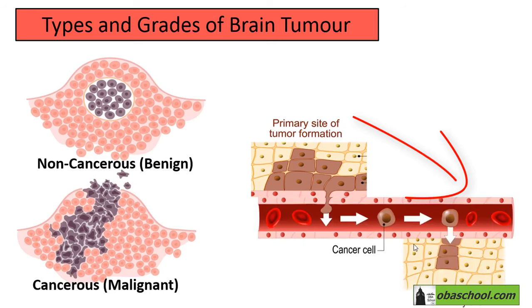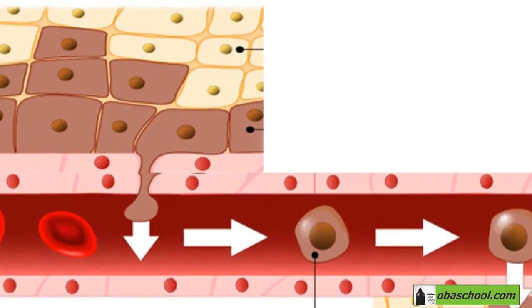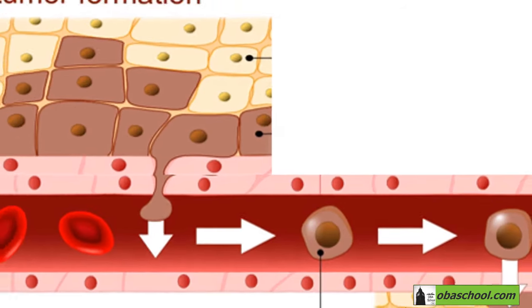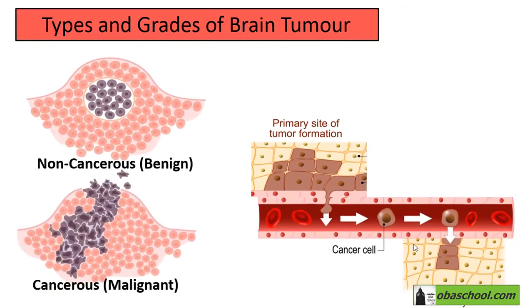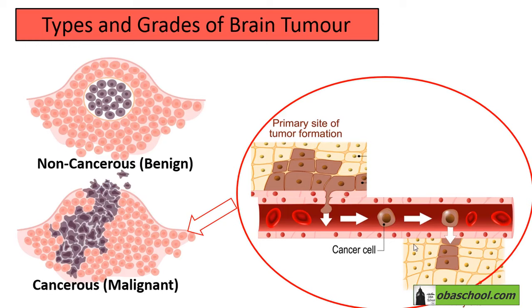So, the tumor that can spread from one location to another, or the tumor that can enter the bloodstream and spread to somewhere else, is called a cancerous or malignant tumor.